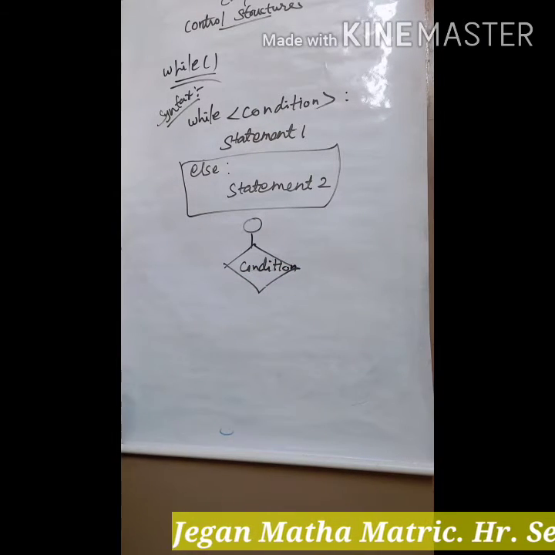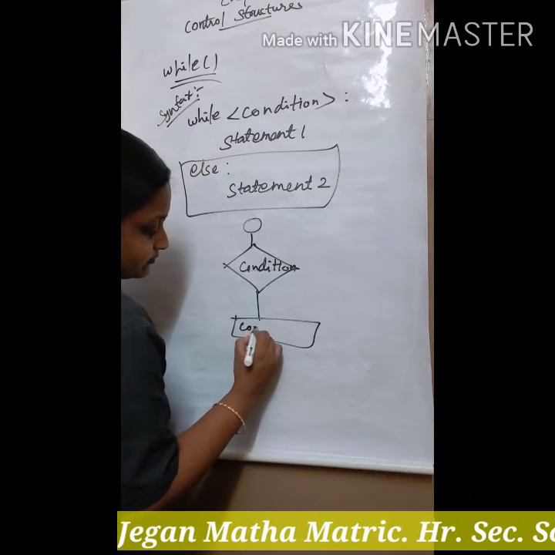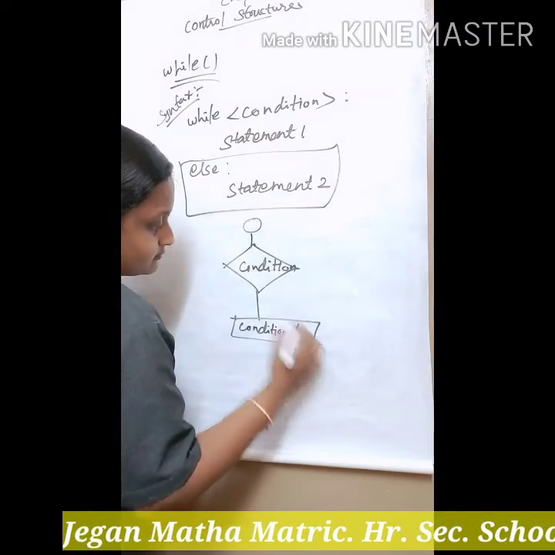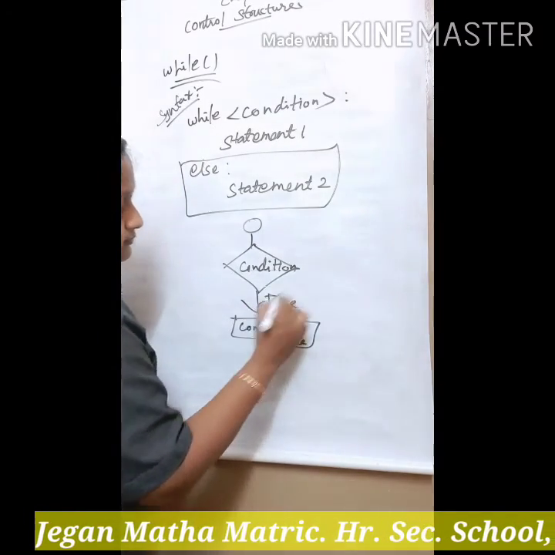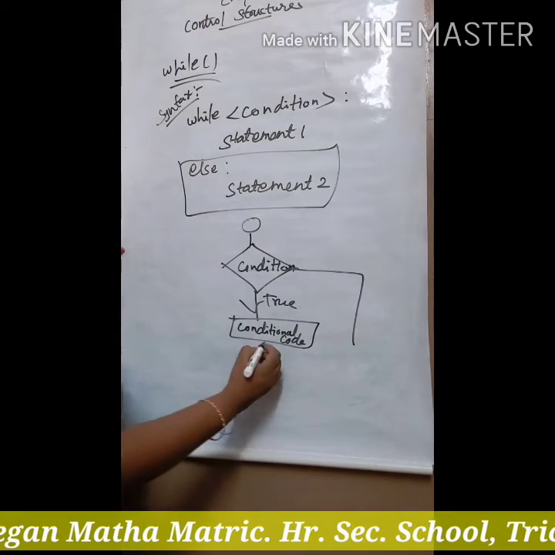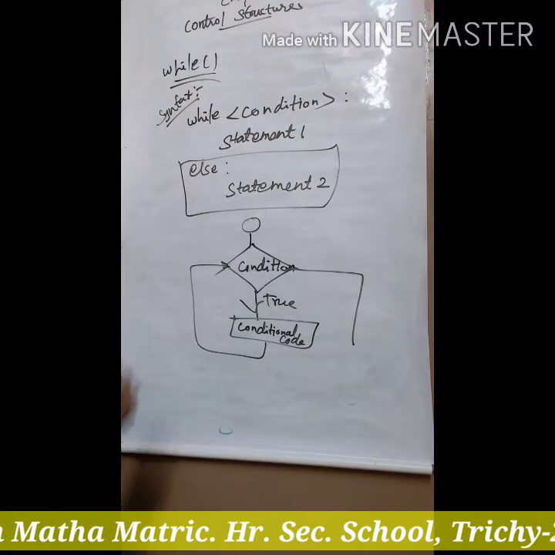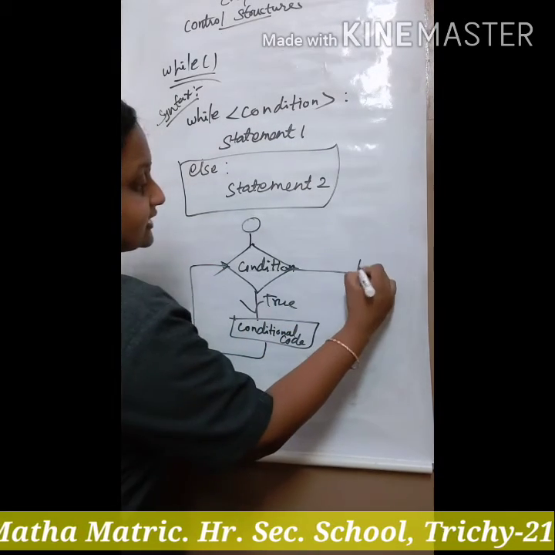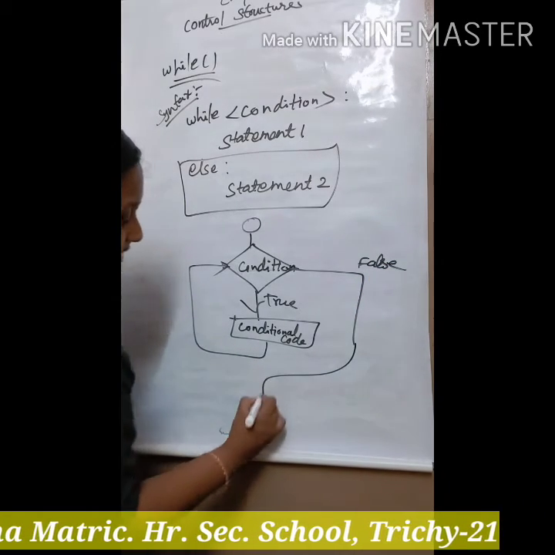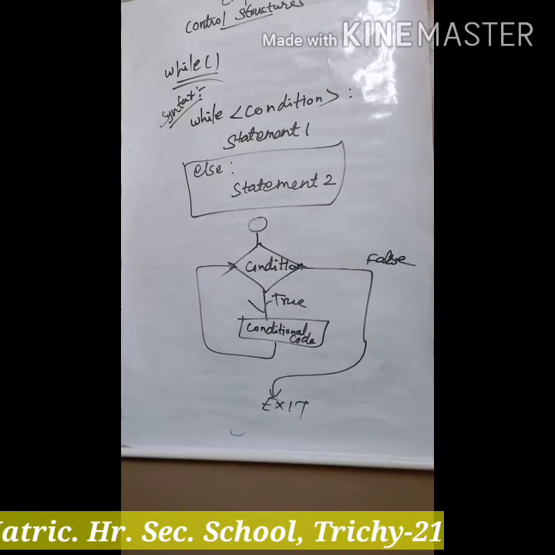So if the condition is true, it processes the conditional code until the condition becomes false. Then the false part: if the condition is false, it exits the program.